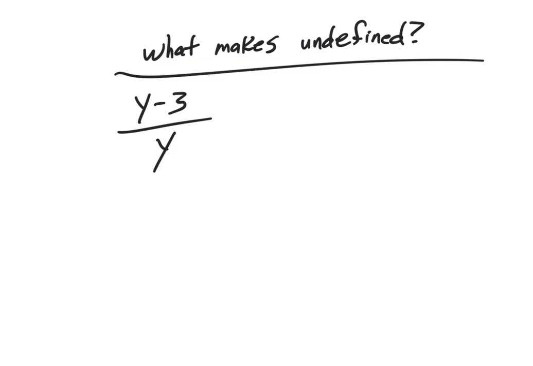What can we not put in for y? 0, right? y cannot be 0 because I cannot put 0 in right here. There's no addition or subtraction attached to it, so y cannot be 0. And the way that we would write that is y cannot equal 0. That would be the one value that is undefined, or y cannot be.